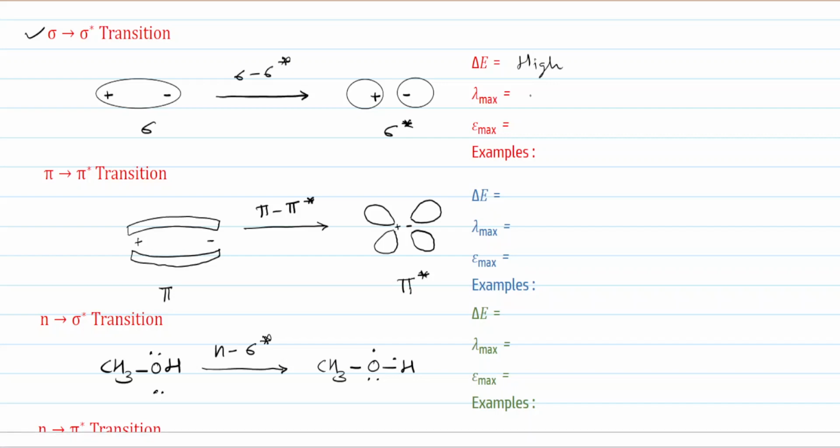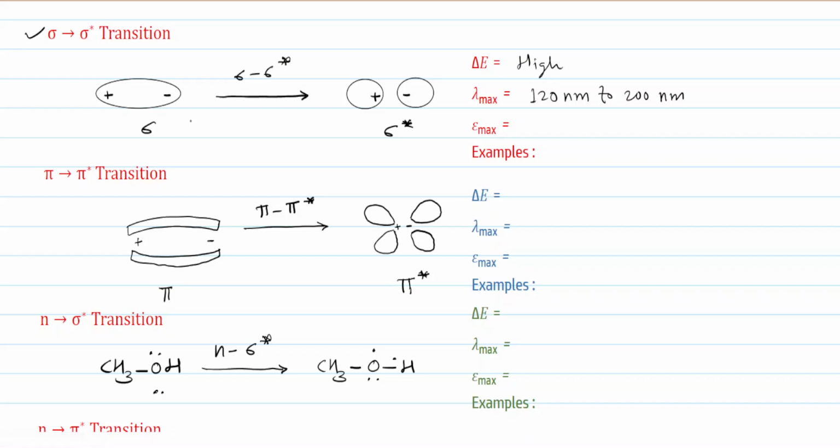The wavelength, that is lambda max, is found to be around 150 nanometer. I will write here a range, that is 120 nanometer to 200 nanometer. So below 200 nanometer we get a wavelength. That's why this transition is observed in the far ultraviolet region, and it gives information only about the single bond.